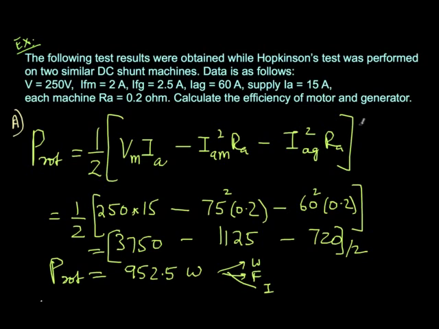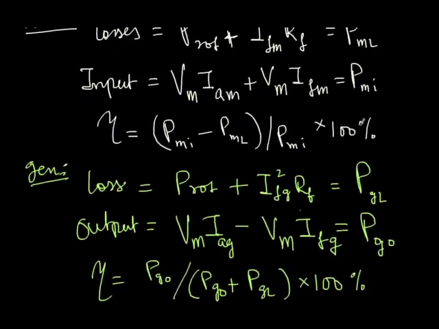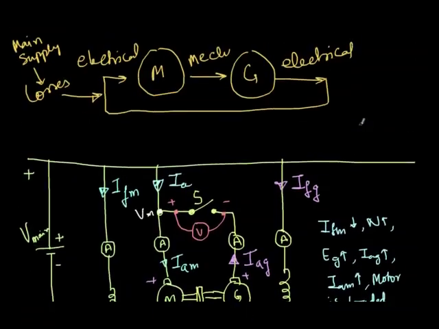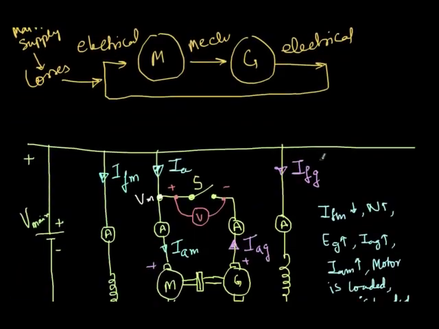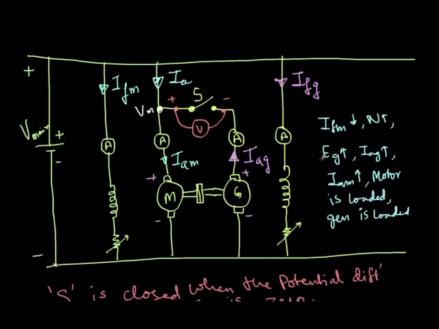So let me conclude by briefly stating the advantages and disadvantages of Hopkins' test. The advantages are that two machines are tested and these two machines are under loaded conditions. It's not like the no load test where you are just estimating what will happen under loaded conditions; we are actually loading.